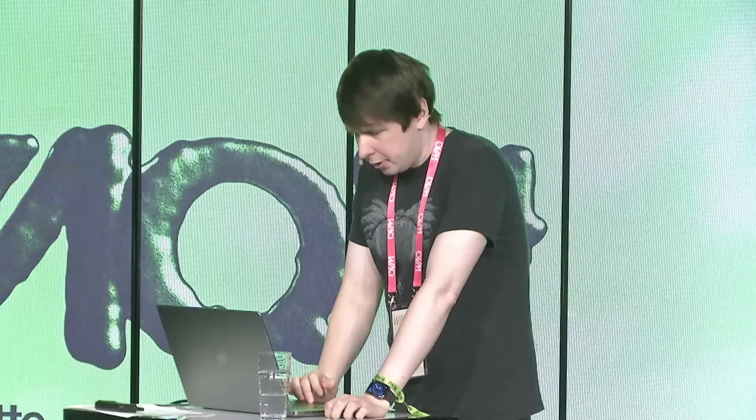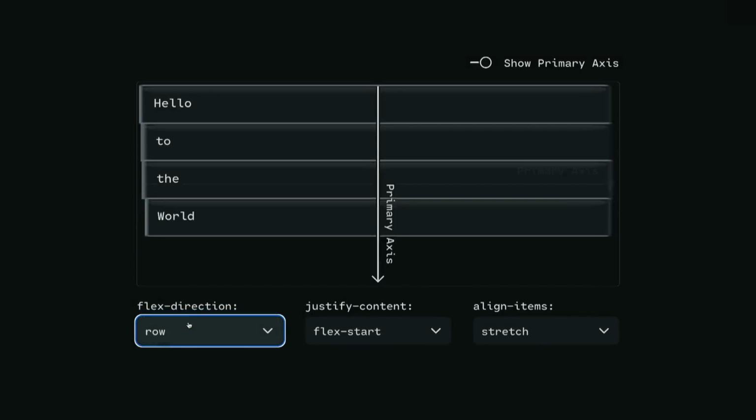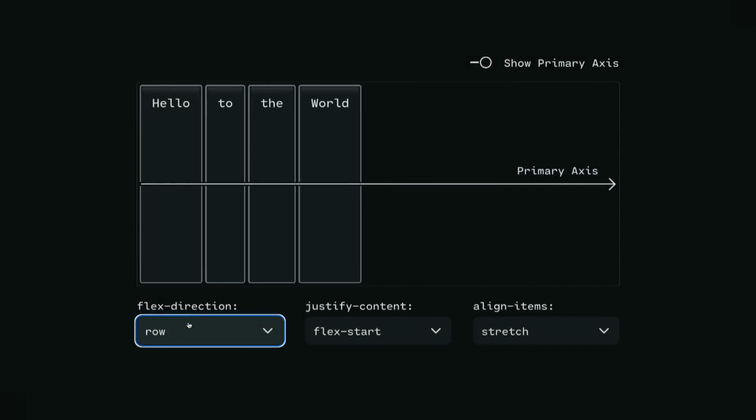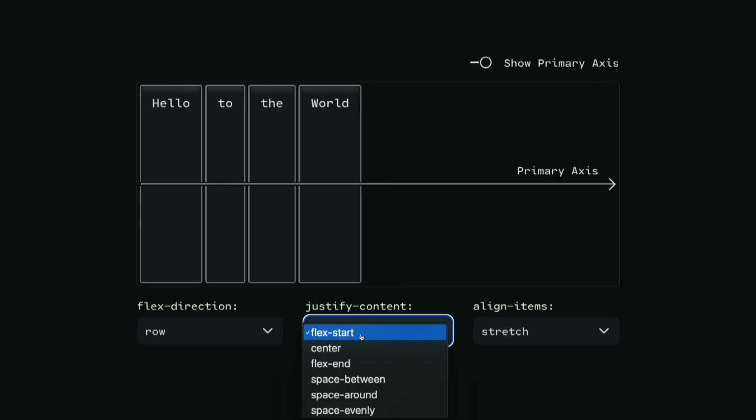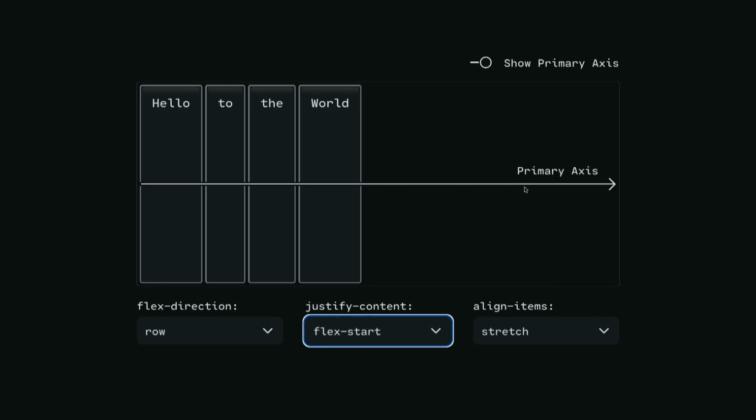I built this little demo just to allow us to play with some of these ideas. So the special thing about Flexbox is that the whole system can be rotated by 90 degrees. All the properties in Flexbox aren't tied to horizontal and vertical. They're tied to this primary axis. So justify content, for example, is called flex start, which is a confusing name, but it's because it's the start of the primary axis.